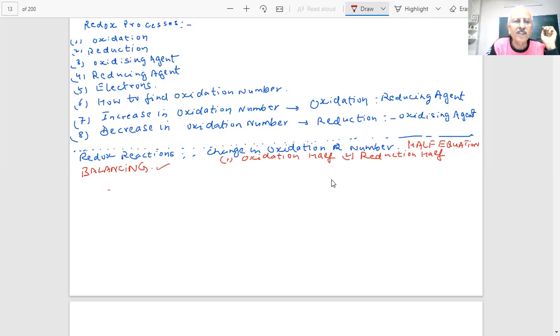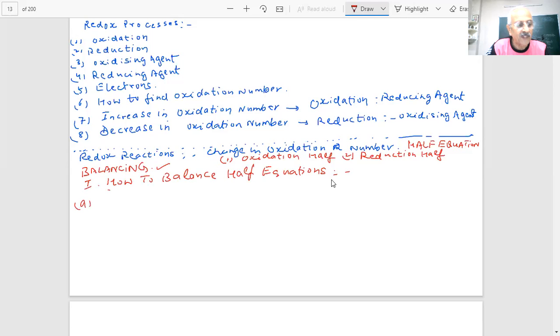So when I say balancing, the first thing will be to balance the half equation, student. The first point will be how to balance half equations. And I'm telling you, questions will be 100% asked on balancing of equations. This is a point to be learned, student: how to balance the half equation.